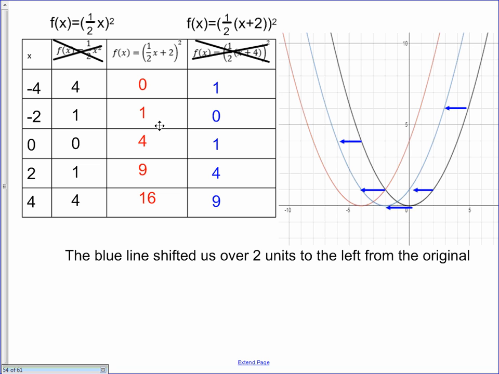The red function, it didn't work. Just doing the +2 there in the parentheses did not shift the thing left 2 units. We had to do the +2 just with the x value and then apply whatever horizontal stretch we have. So this is a very important point right here. We're going to write some conclusions down at the bottom.